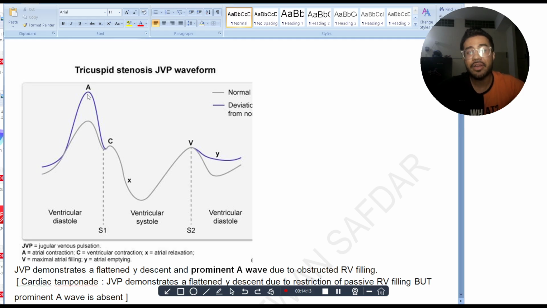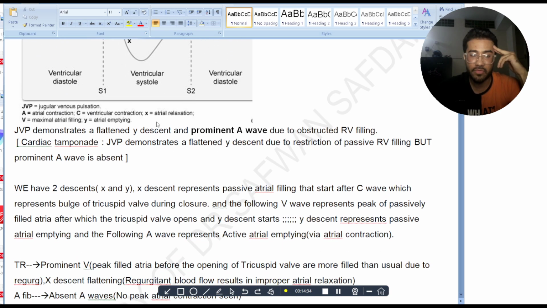When the atria contract, the pressure is denoted by the A wave, and if the ventricles contract at the same time, the pressure peaks way above the limit, because the atria are contracting and the ventricles are contracting at the same time, and the blood is not able to push into the ventricles, so the pressure in the atria skyrockets. That is termed cannon A waves.